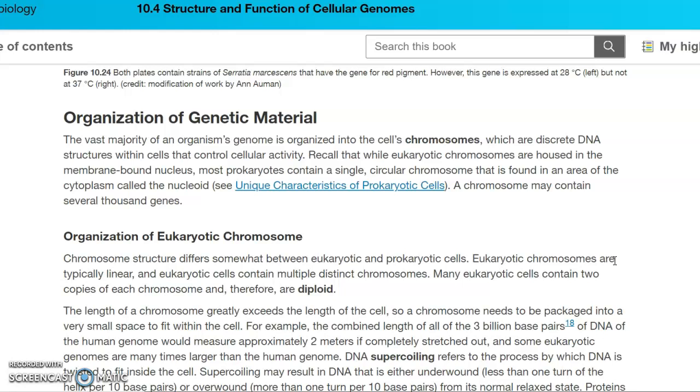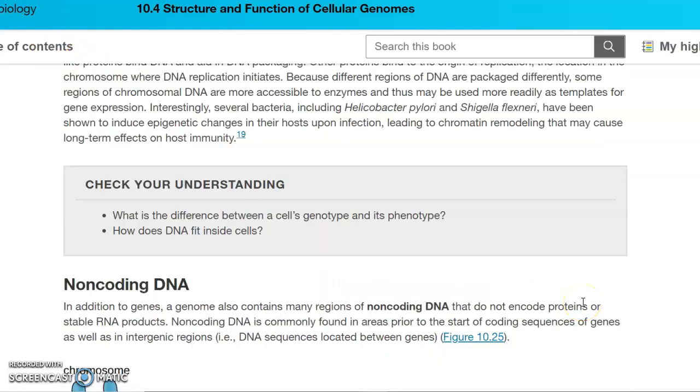Depending on the organism, we can have thousands of genes, and the more complex an organism is, typically the more genes it's going to have. In eukaryotes, the chromosomes are usually diploid, meaning we have 2 copies of each one. But in prokaryotes, they're typically haploid, meaning we only have 1 copy of each chromosome.